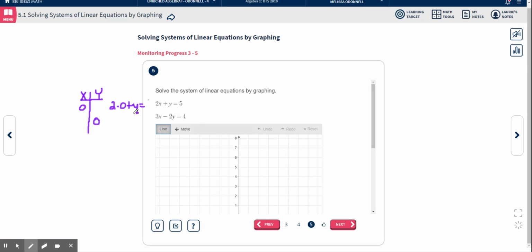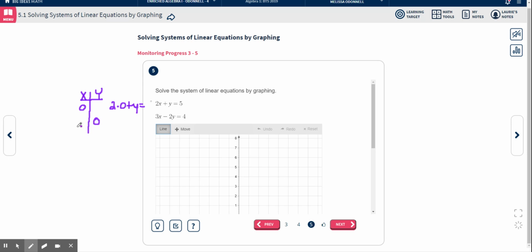Okay, and then for time's sake, we would also plug in 0 for y and figure out what... there we go. Of course, it all caught up at the same time. All right, there we go. Okay. Now it's going to do it again, of course. y equals 5, and I can put a 5 right there.